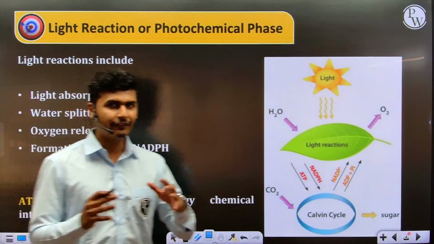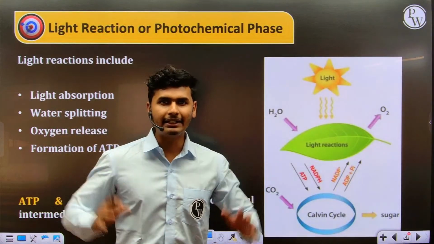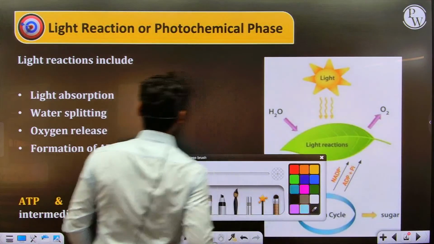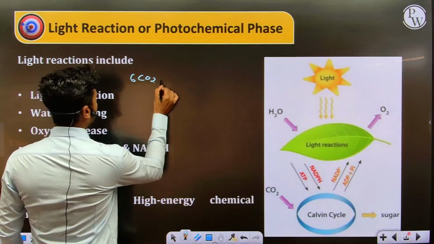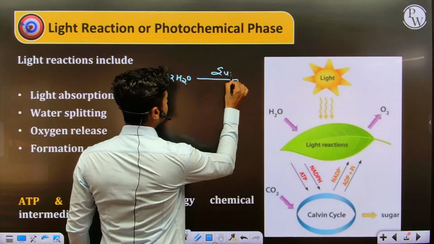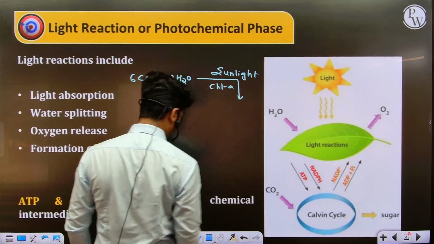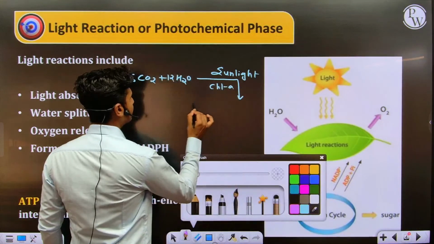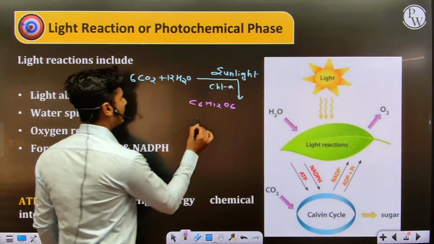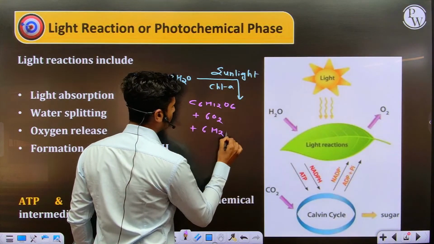Now, if I say photosynthesis, directly in our mind this reaction comes: 6 CO2 plus 12 H2O in the presence of sunlight and chlorophyll A gives us C6H12O6, that is a glucose molecule, plus 6O2 plus 6H2O.